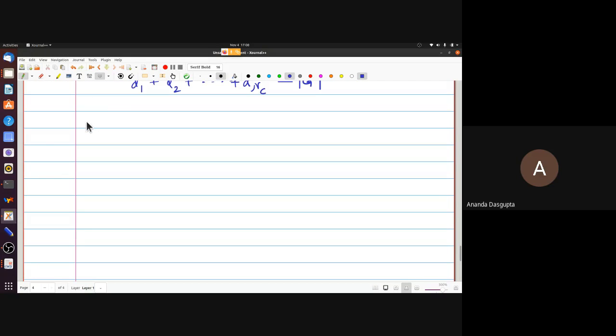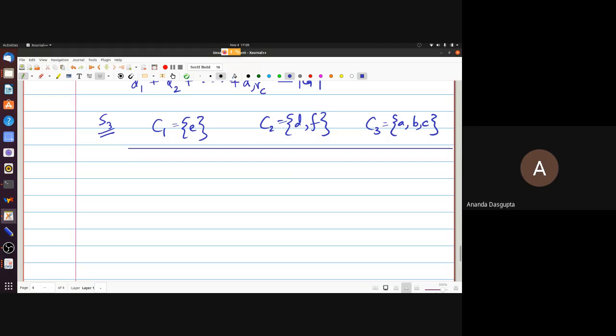Let's see what we can find out about the irreps of our group S3. Remember, we had 3 classes: C2, which was only D and F, and C3, which were A, B, and C. So how many irreps does this have? 3 irreps.